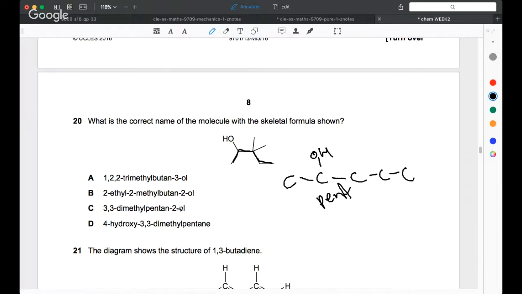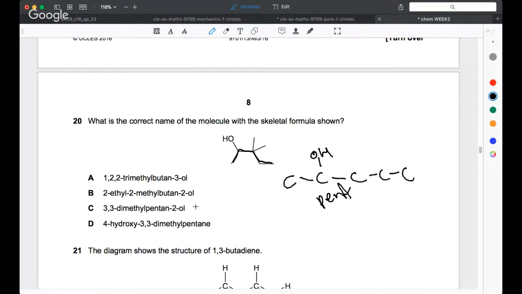So you can have 2 or 3. The number depends on which way you go, so both are okay. Okay, wait. 1, 2, and 3.